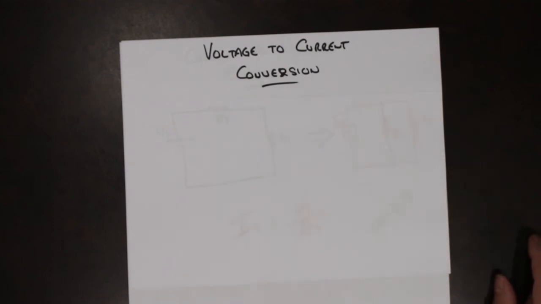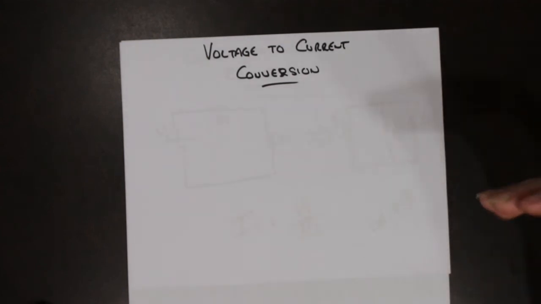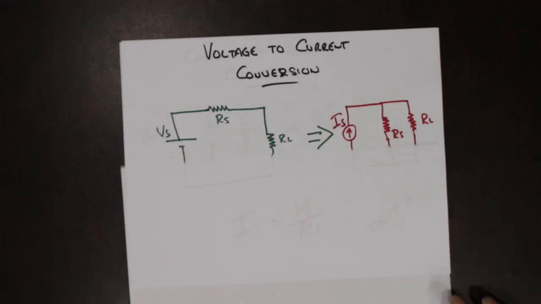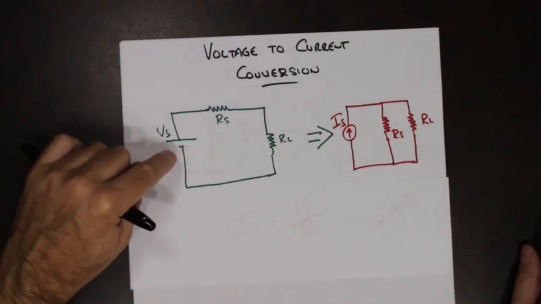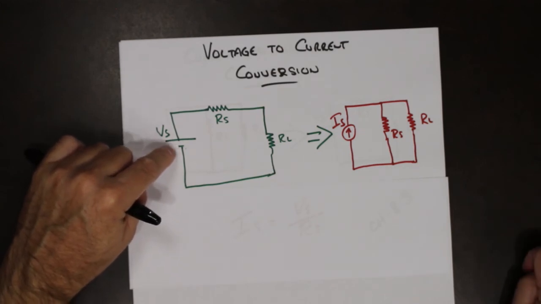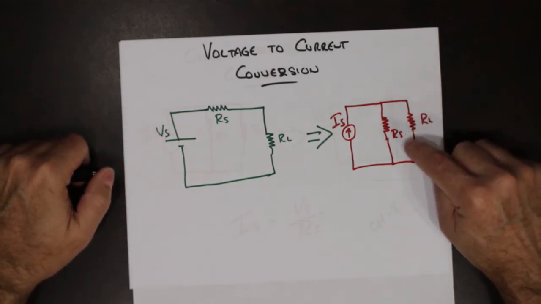Sometimes in electronics, you're going to find that you need to convert a voltage supply into a current supply for calculation purposes or to look at it from the current point of view. It's a very easy conversion to go from a practical supply of the voltage type to a practical supply of the current type.